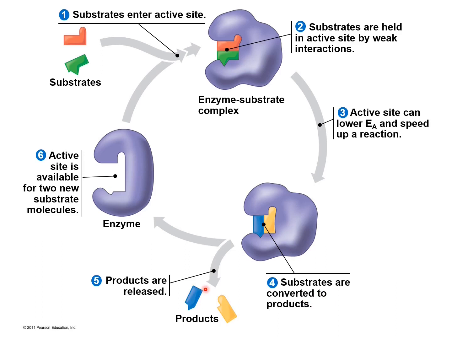And later on, the products are released here, and the active site is available for two new substrate molecules to go again into the active site. So again, 6 steps to show again that enzymes are catalytic molecules and that enzymes can be used over and over.